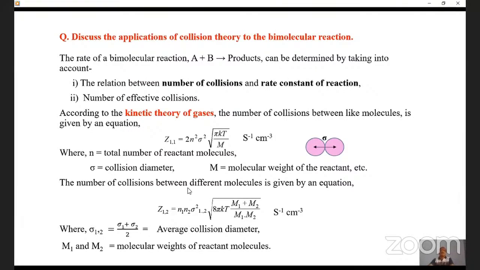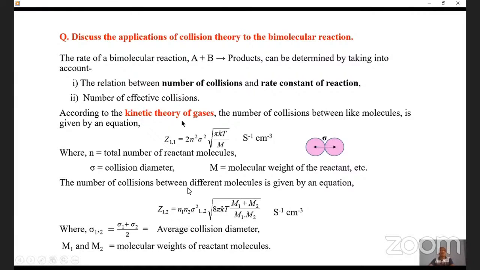The rate of this bimolecular reaction can be determined by taking into account the relation between the number of collisions Z, the rate constant of the reaction, that is k, and also the number of effective collisions.